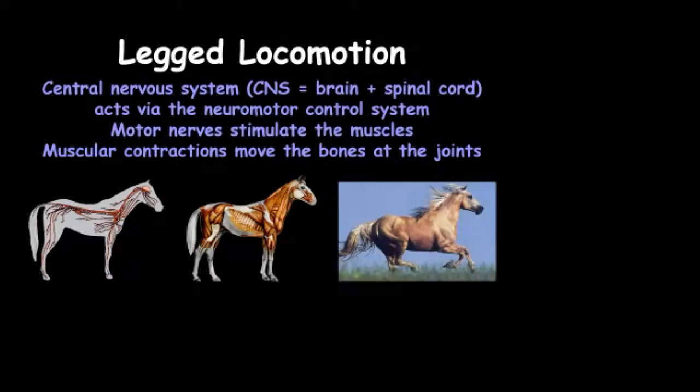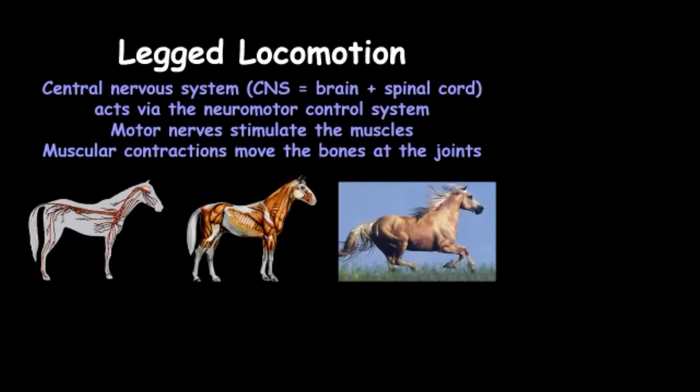So from now on, we're going to talk about legged locomotion, which means locomotion using legs to create forces against the environment. So the way it works is that on the left, we have a horse with the central nervous system consisting of the brain and the spinal cord, and then the peripheral nervous system, which is the nerves that come out from the spinal cord, and we're going to be particularly concerned with the innervation of the forelimb and the hind limb.